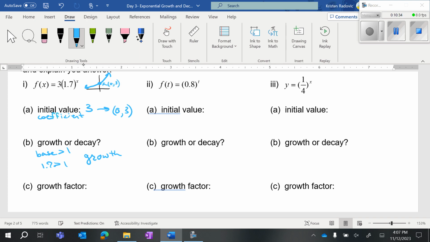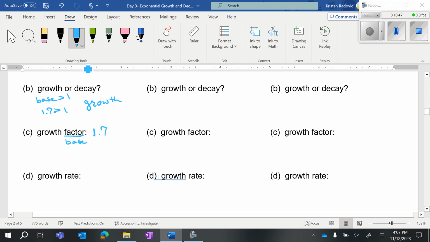So the type of function that we're looking at right now is something like this. You are going upwards, and this right here is going to be 0, 3, your initial value. Now, the growth factor is just your base. Your growth factor is 1.7. However, the growth rate is the percentage that you're increasing by. So because it's growth, you have 1 plus r. This is equal to 1.7.